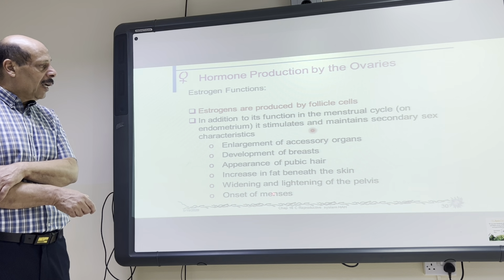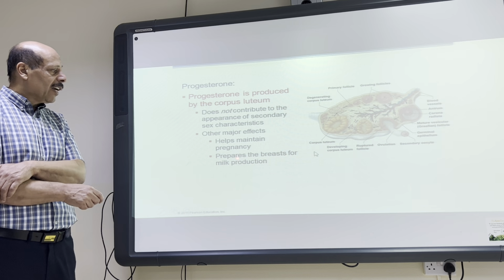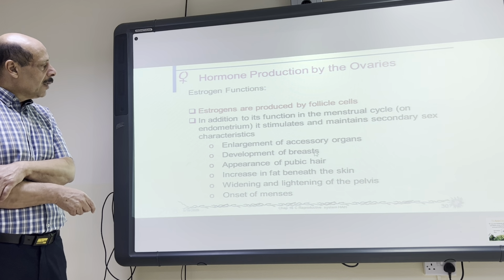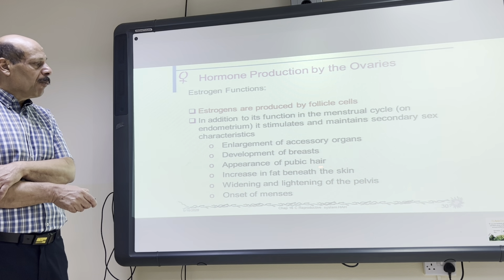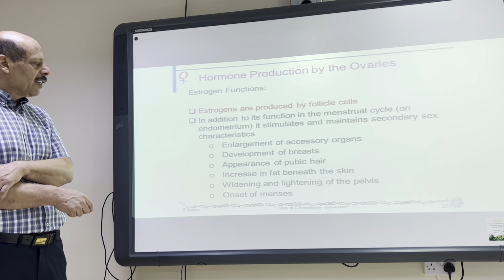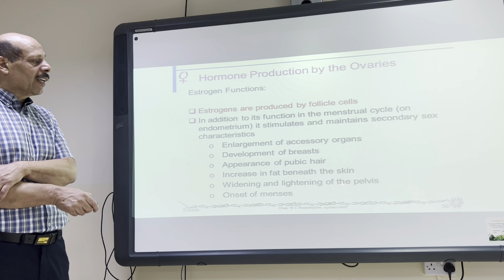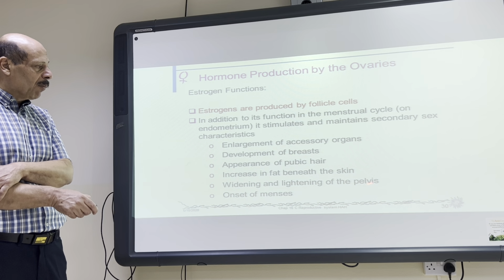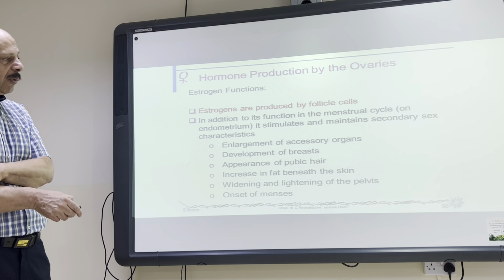So, again: enlargement of the accessory organs, development of the breast, appearance of pubic hair, increase of the fat beneath the skin, the subcutaneous tissues, widening and lightening of the pelvic bone, and onset of menstruation.